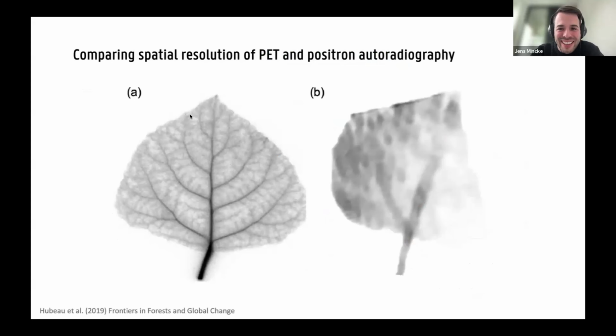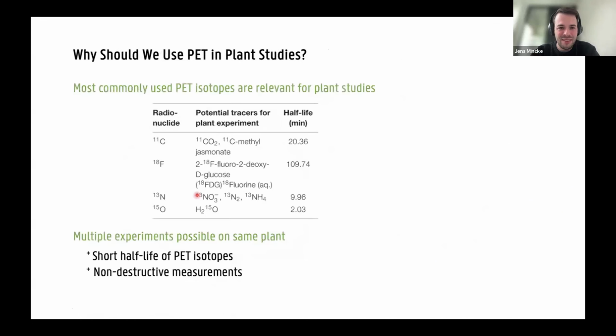Please do not be shy. Okay, I will reveal it. The resolution of PET was worse than autoradiography. So this is the PET image and this is the autoradiography image.